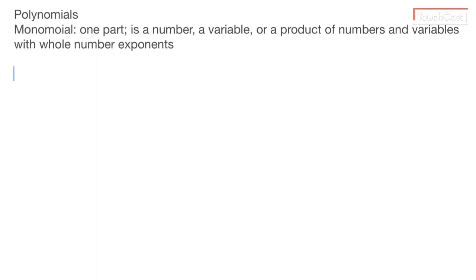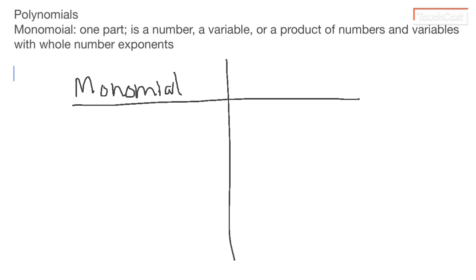So let's make ourselves a little t-chart. We can have monomial on one side, and on the other side, not monomials. So, examples of monomials.